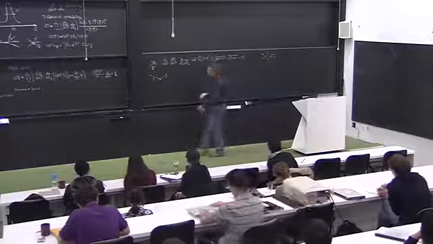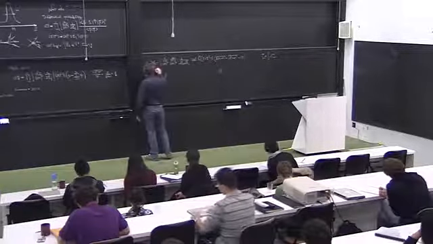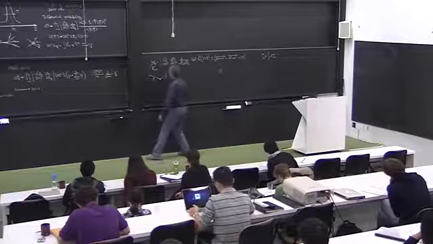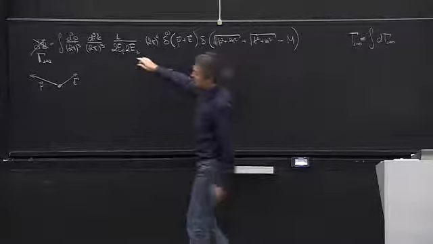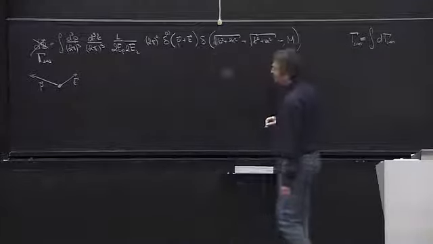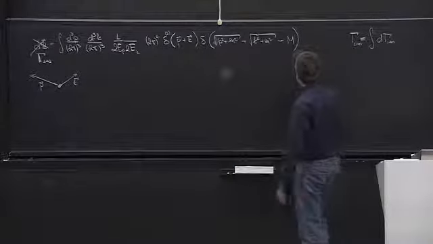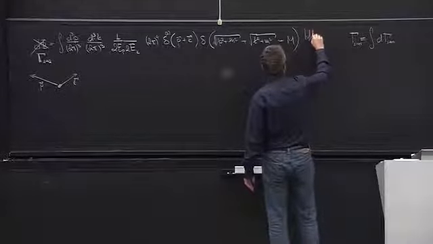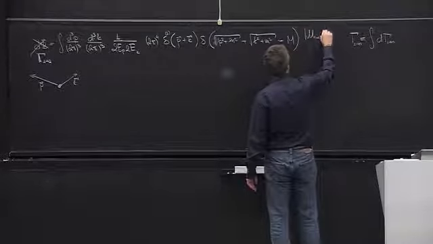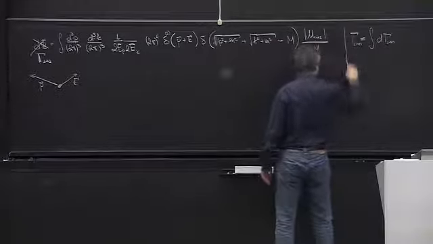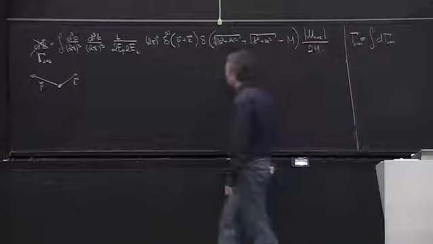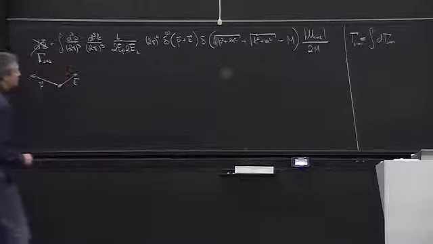So let's integrate. Let's take this formula. So there we have the integrals. But we should also multiply by the matrix element, and divide by 2m.